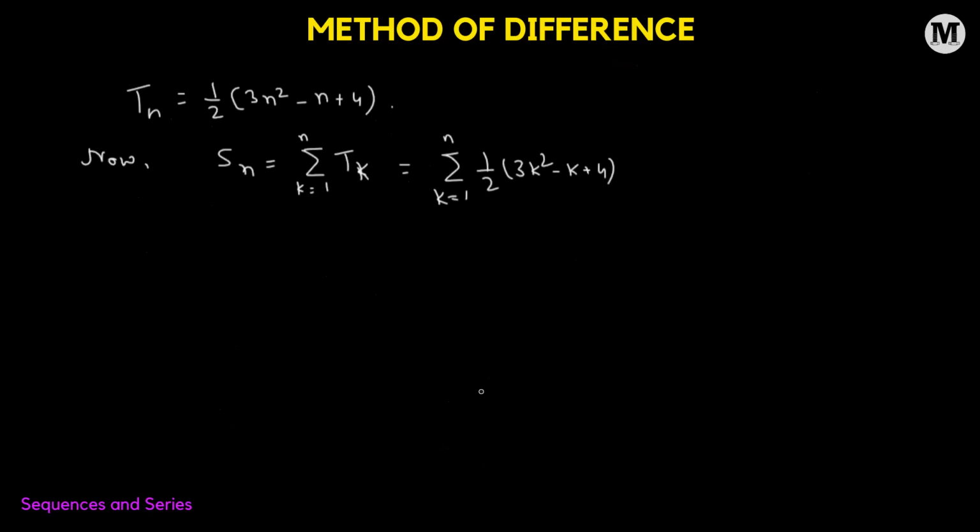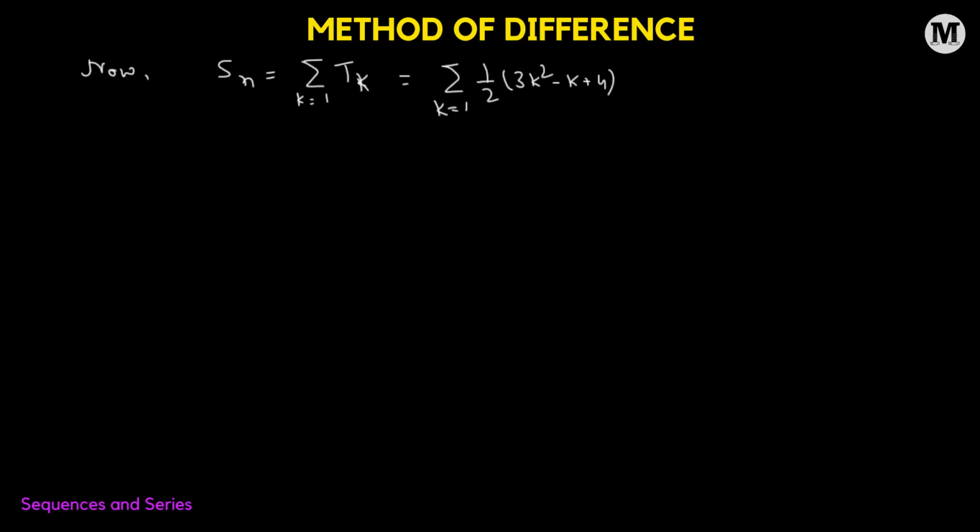Let's try to find this particular sum. So let's take 3 over 2 multiplied by the summation of k squared where k goes from 1 to n, minus 1/2 times the summation of k with k running from 1 to n, added to 4/2 multiplied by the summation of 1 with k running from 1 to n.